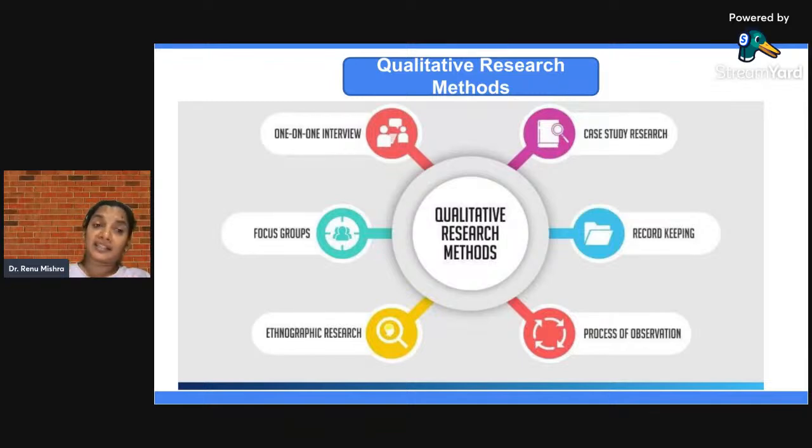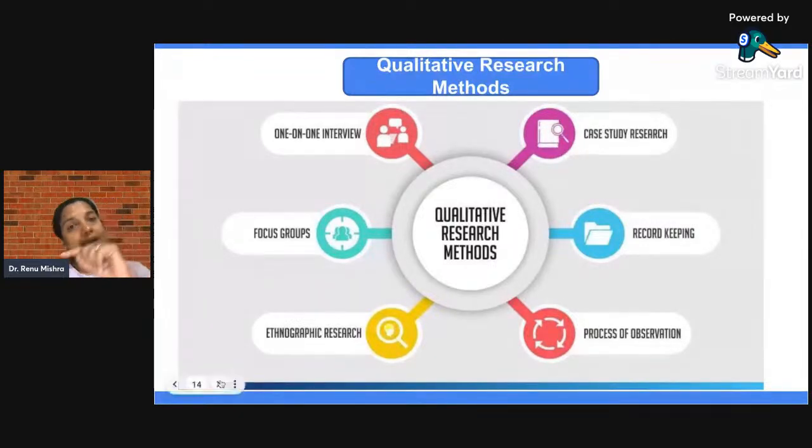Or I can participate, which is called participative observation, where I'm a part of them. Or I can arrange a focus group of people from that domain. Let's say I want to understand marketing strategy: I'll create a group of marketers, give them a topic to discuss, and make a note of whatever they discuss. Or you can conduct one-on-one interviews as well. All these methods are qualitative research methods.